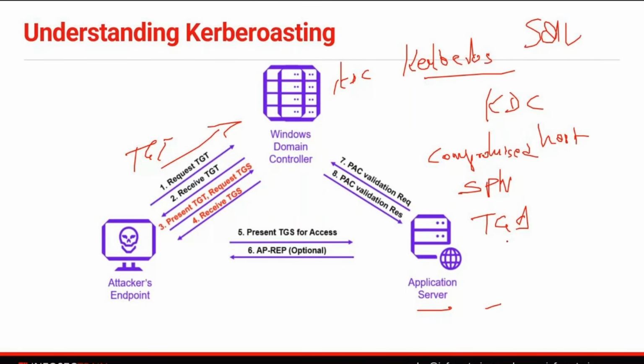You ask for a ticket for the SQL service, then you dump that ticket, and that ticket will have the extension .kirbi, KRBI. Then you convert that kirbi format into a crackable format, and then you use a dictionary for the brute force attack.